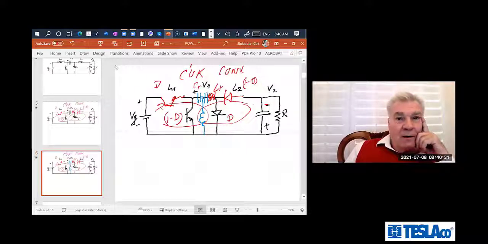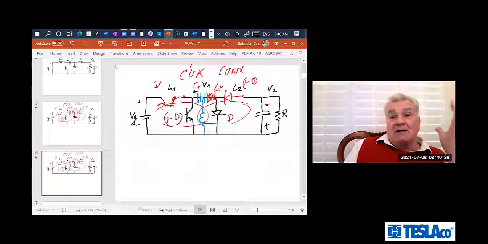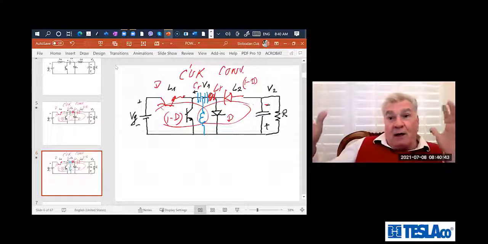Isolation transformer comes for free. I didn't do anything. Split the capacitance into 2 and then put inductors in between, and voila. This is automatic volt-second balance. There is no, and charge balance.